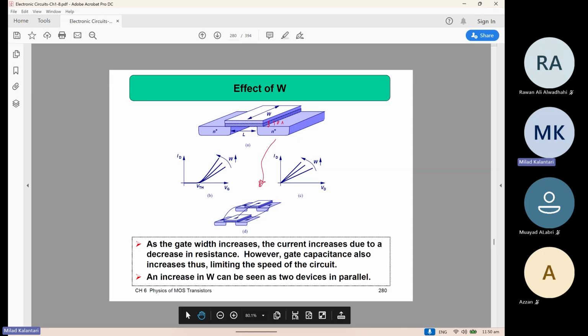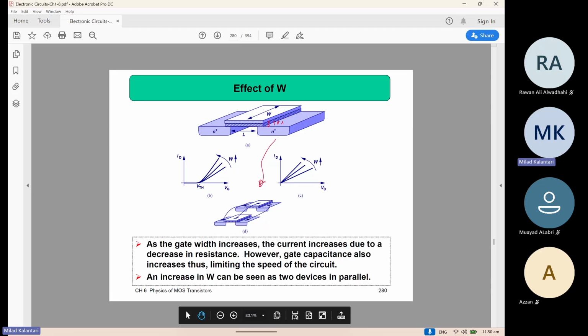So what you expect is that once you parallel more devices, the current should increase, right? Like paralleling several resistors, the resistance value will be less, so the current should increase, right?